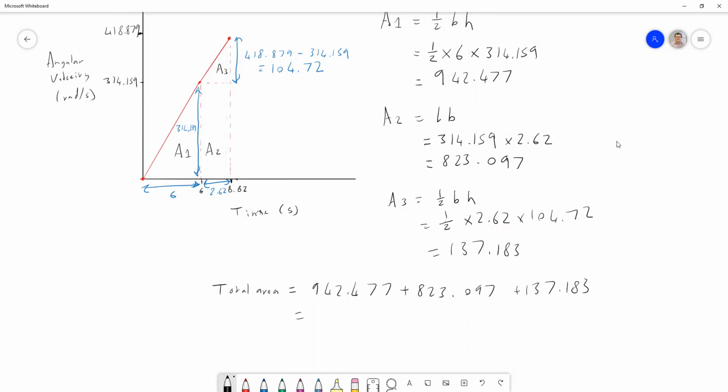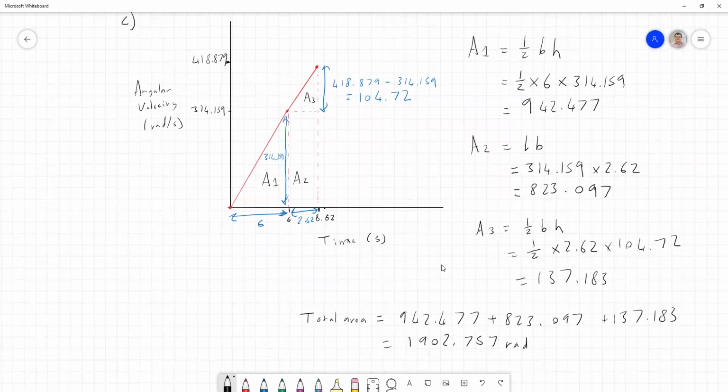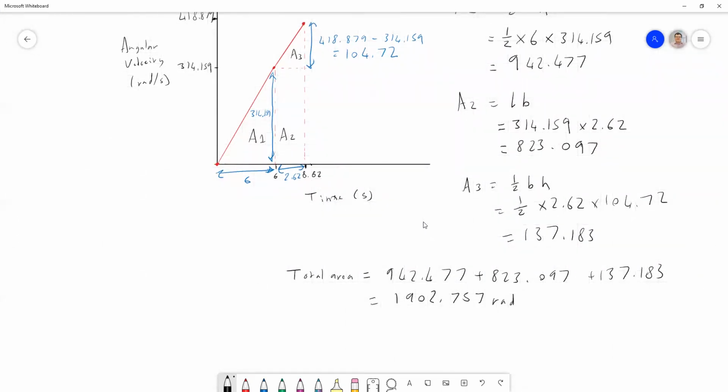And we get an answer of 1,902.757. And remember, this is in radians. And just write rad, not rad, so we don't confuse it with radians per second. Because if our y-axis is in radians per second and our x-axis is in seconds, it means anything we find underneath is going to be in radians. So we're nearly there.